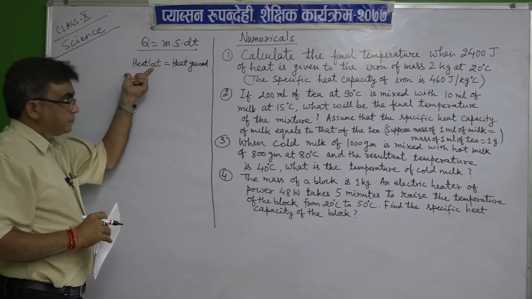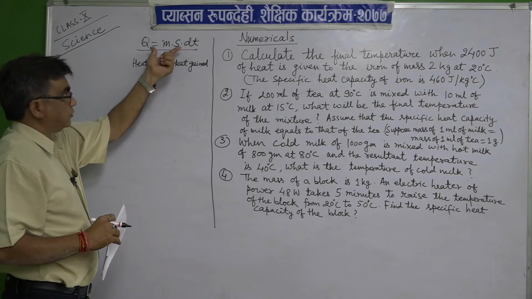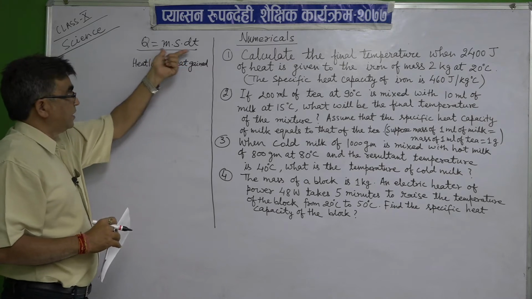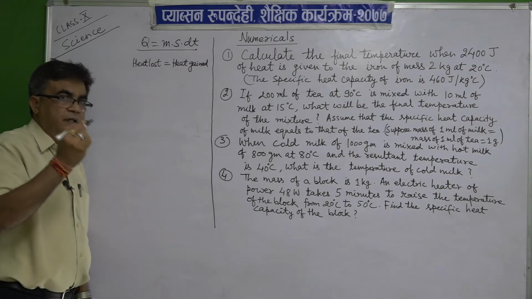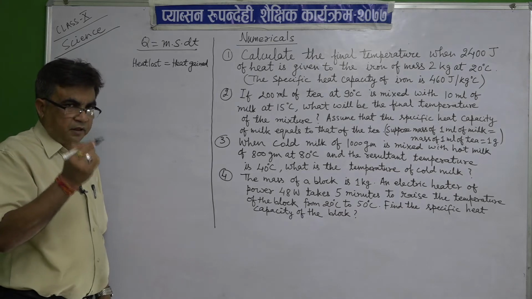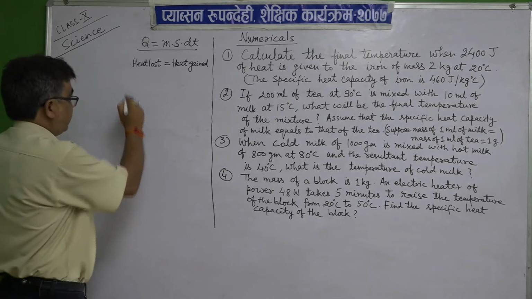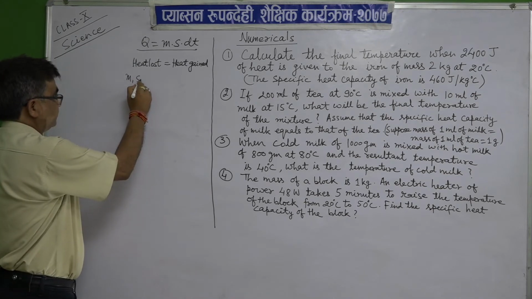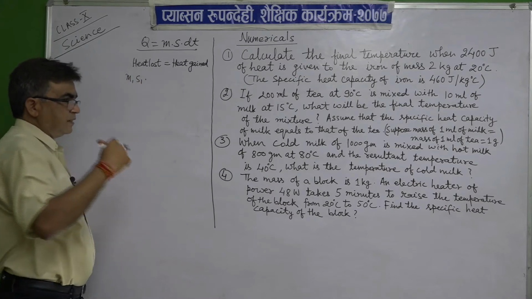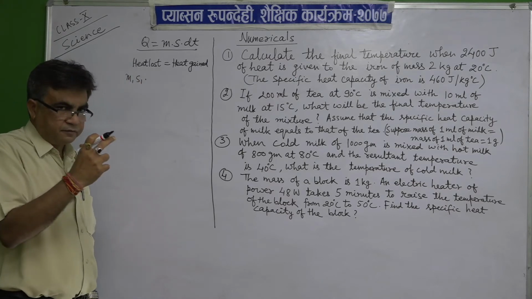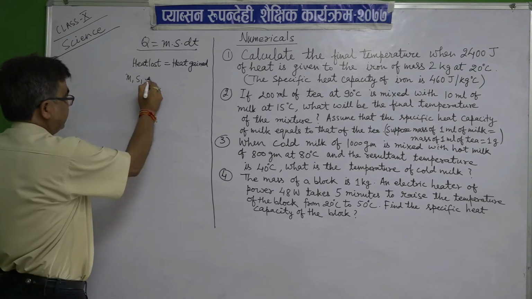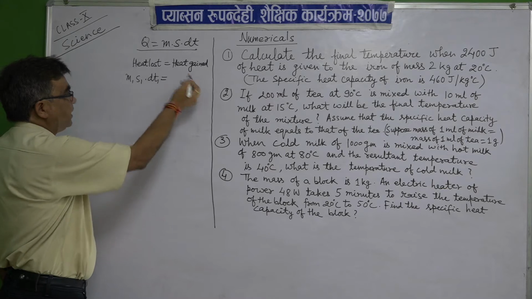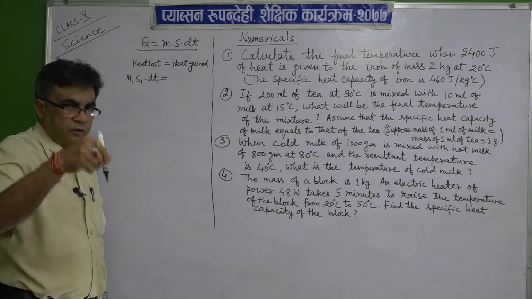So, heat lost is the same as heat gained. How much heat will the body at higher temperature lose? m S dt. Suppose the mass of the hotter body is m1 and its specific heat capacity is S1, so m1 S1, and suppose the temperature difference for the body at higher temperature is dt1. Then that will be equal to the heat gained by the body at lower temperature.